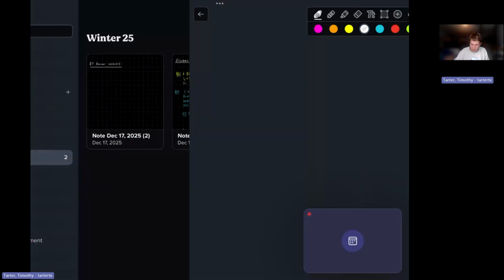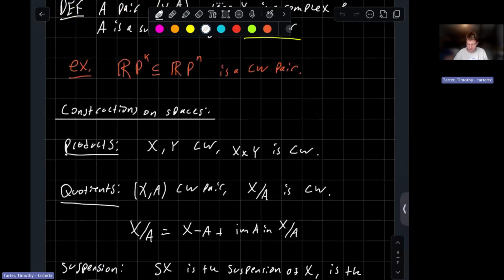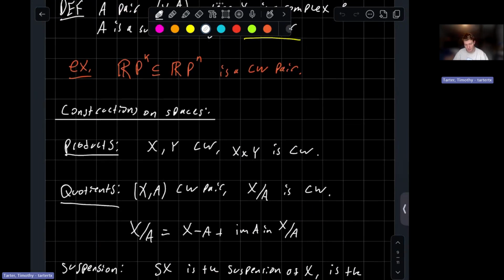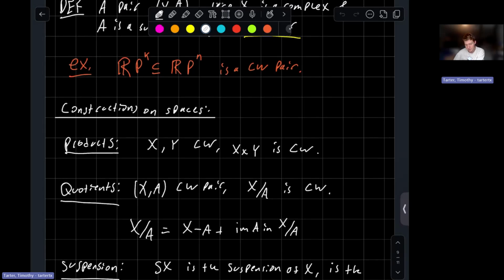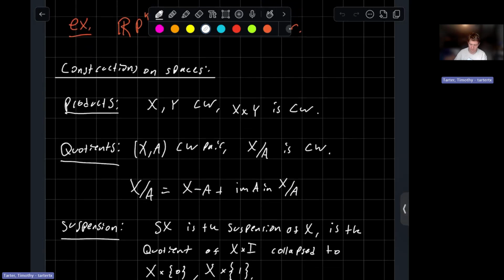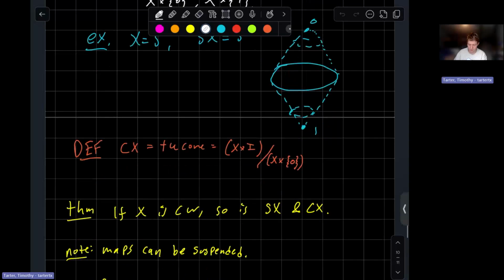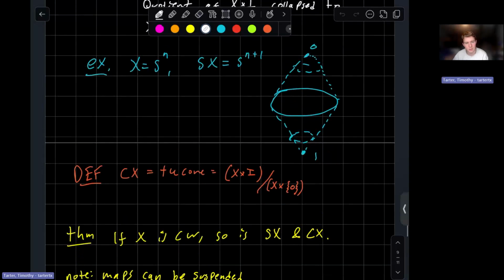So just recalling where we left off. Products of CW complexes are CW. Quotients are CW. And suspensions and cones are both also CW.